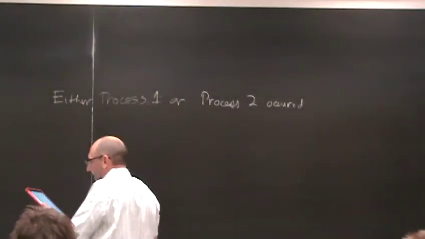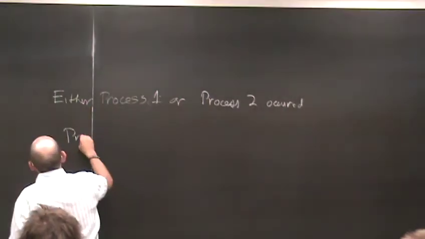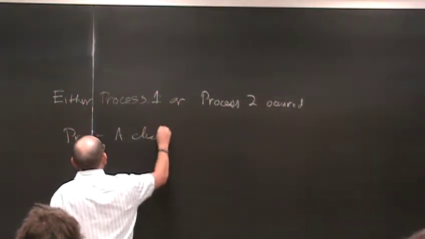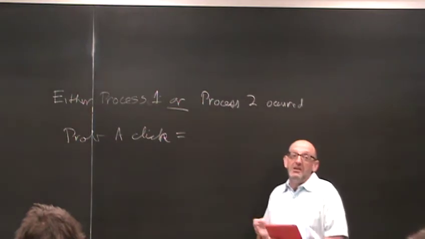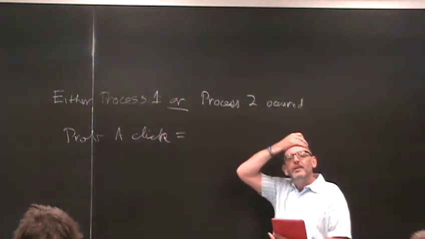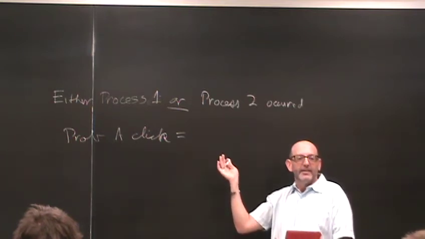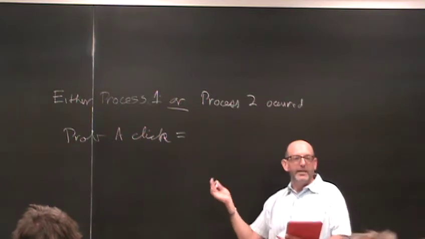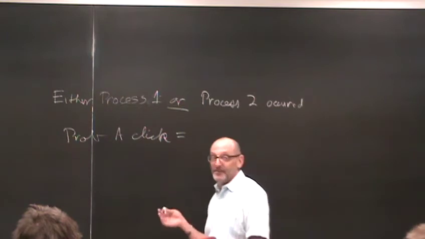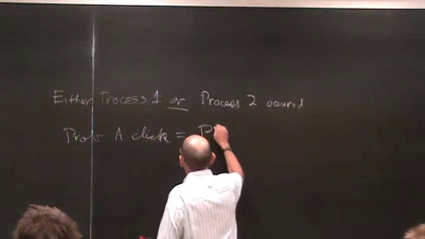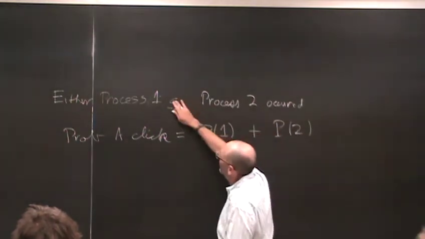And so if we want to say that either this or that happened, then the probability A clicks, if you have or, how do you combine probabilities if you have two different alternatives? You add them, right? If this or that happens, then the total probability is the sum of the probabilities. So that's the probability of process 1 happening plus the probability of process 2, because we have or.